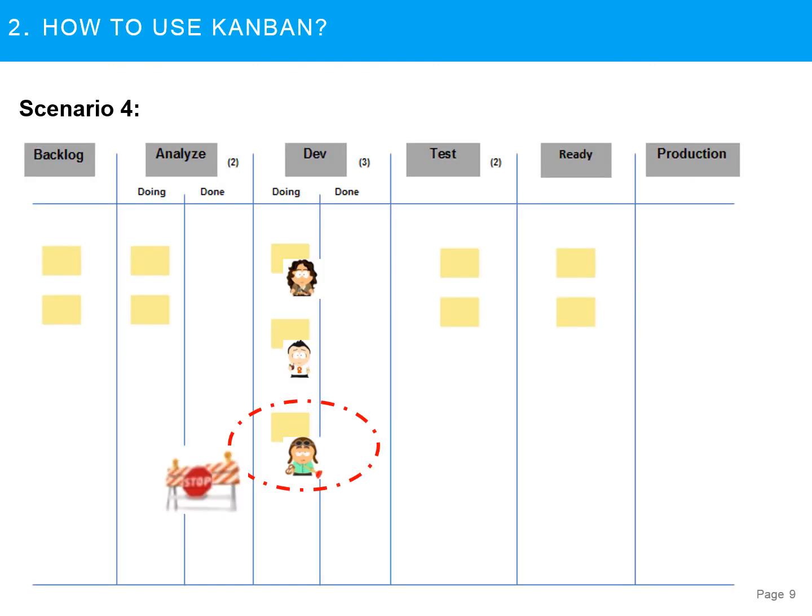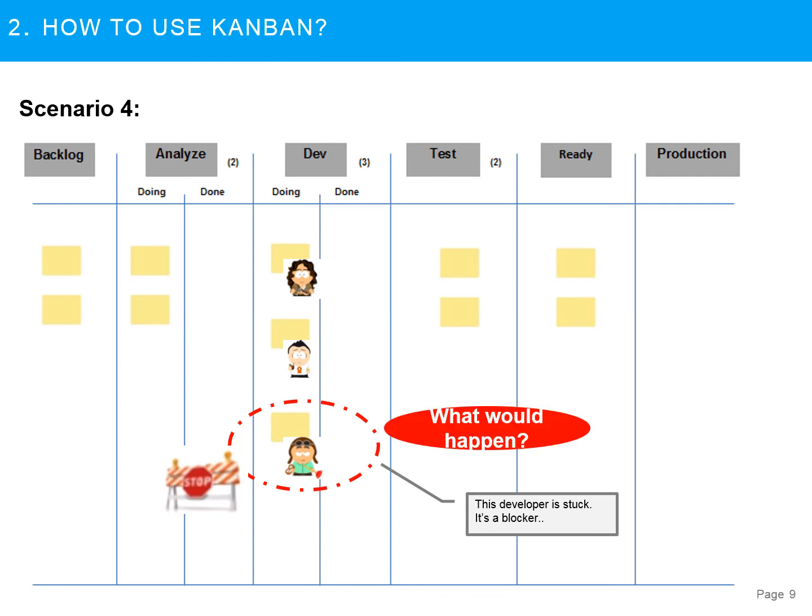So let's look here. If one of the developers hits a roadblock and stops, what's going to happen? Eventually, first, testers would become idle because they are expecting a workload of 3 developers, and right now they are getting a workload of 2 developers because one of the developers is stuck.